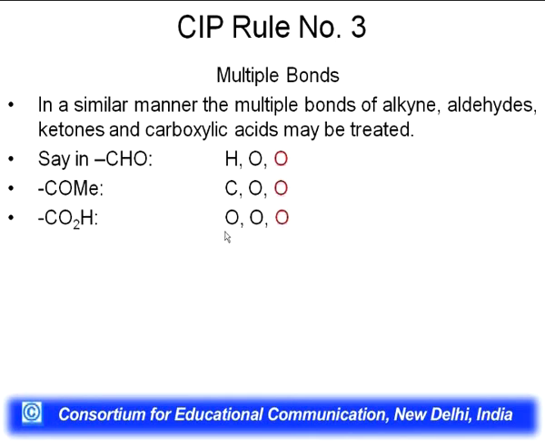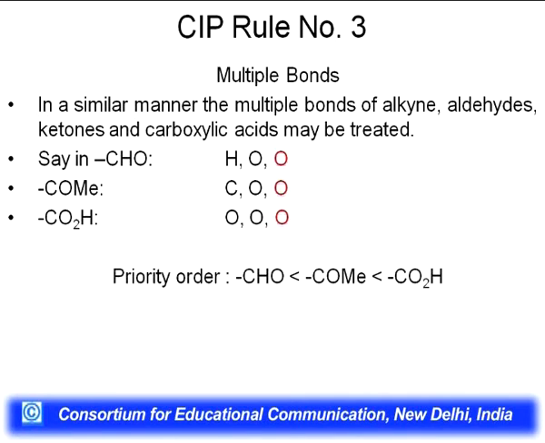So the OH oxygen, the C double bond O oxygen, and the hypothetical oxygen of the C double bond O. These are 3 oxygens which are attached to this black carbon, right. So how can we easily go with the priorities?